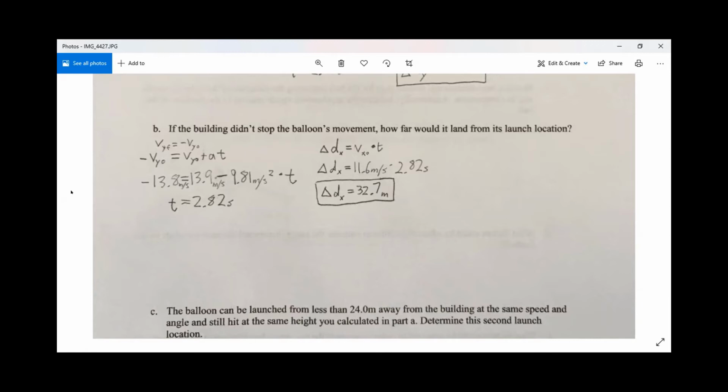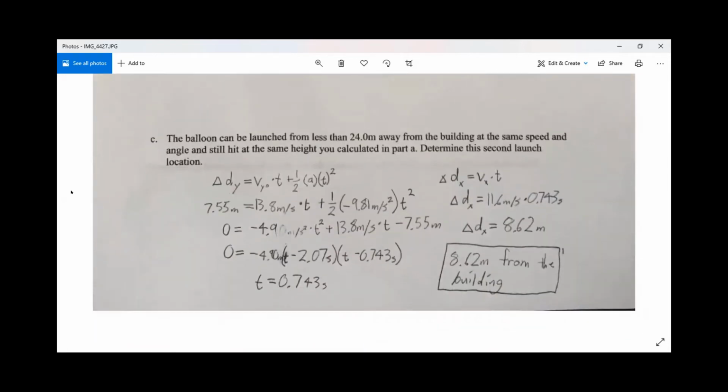And then, like I said, we use the equation from the projectile motion simulation, dx equals velocity of x initial times time. Once you plug in 11.6 meters per second, which we found earlier, times 2.82 seconds, you get a final position of 32.7 meters, and then you can round to 33 meters if you want to, which is the answer that was on the last page.